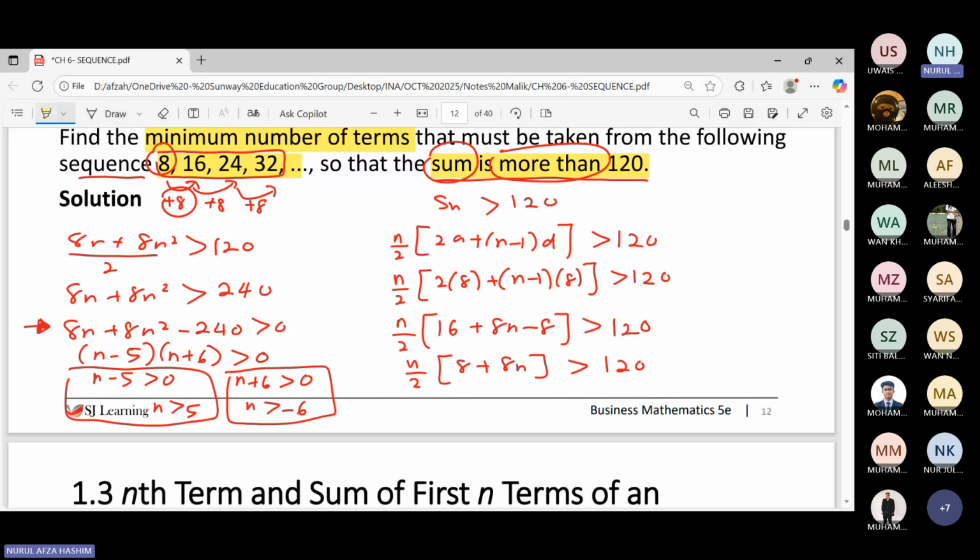So we choose this one. N larger than 5, it means that n equals to what? What is the value after 5? 6, madam. Okay, so the final answer is n equals to 6.